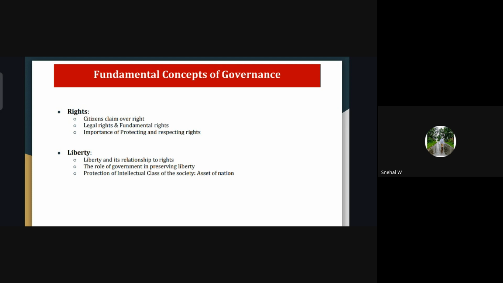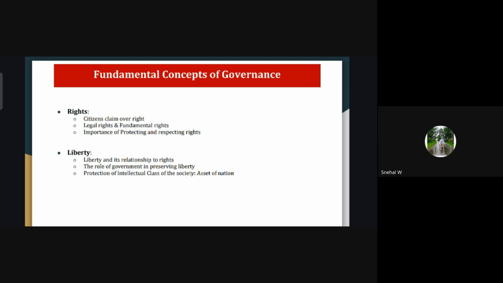You don't have to go to the district court, then the high court, and then the Supreme Court. Directly you can appeal to the Supreme Court. Of course, these options are also there. You can go to the district court, then the high court. But if you don't want to waste your time, you can simply go directly to the Supreme Court as well. That option is also available to you.